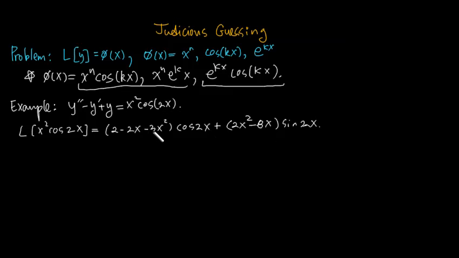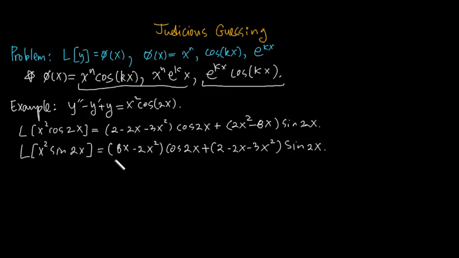So we want to keep this 3x squared cosine 2x. By considering other examples, we want to cancel the constant and degree 1 terms multiplied by cosine 2x and the entire sine 2x. So let's see what we get when we try L of x squared sine 2x.